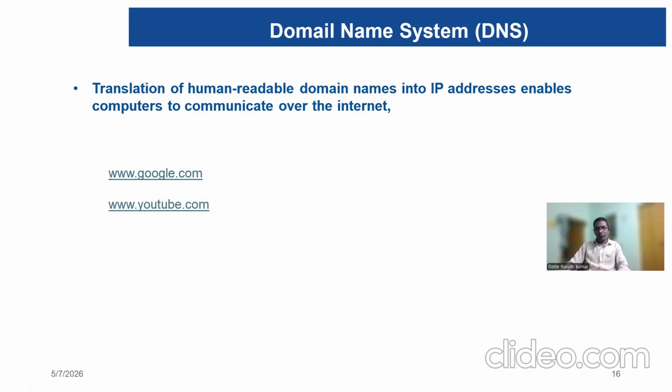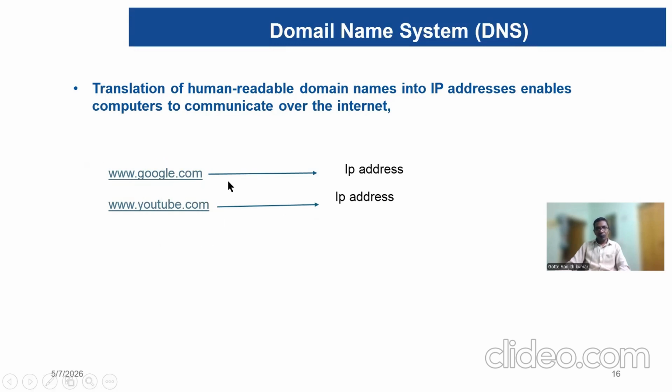But whenever we type google.com, that is internally converted into its IP address, and based on the IP address, google.com is identified on the server. Similarly, youtube.com, this is a human readable form. When we type youtube.com, again that will be converted into its IP address. Based on the IP address, YouTube is going to be identified.